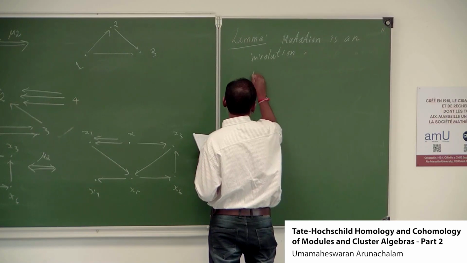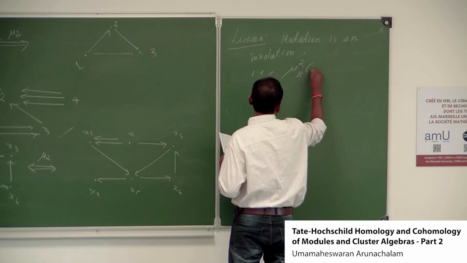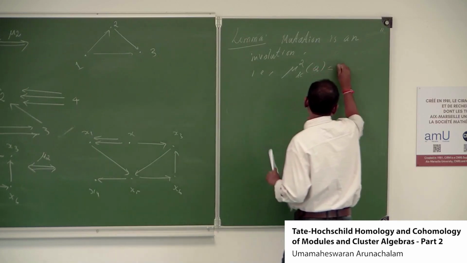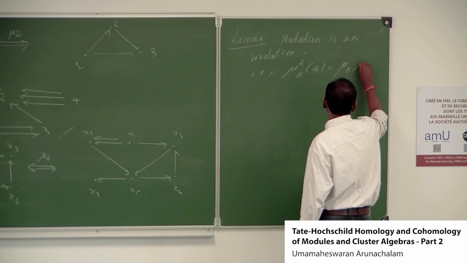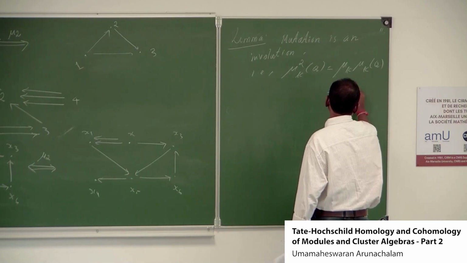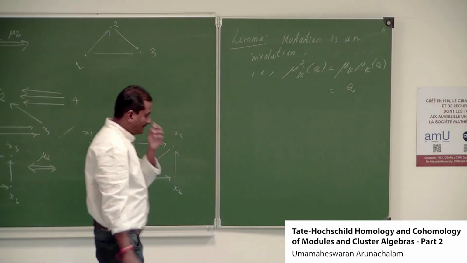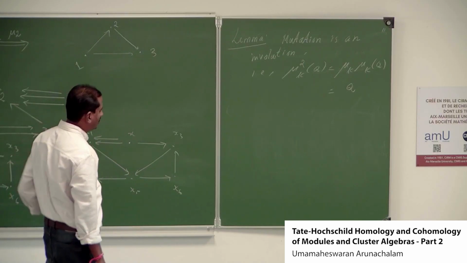That is, mu k square of Q, the composition of mu k with mu k of Q, we will get the same Q. So if it satisfies this condition, that means it is an involution.